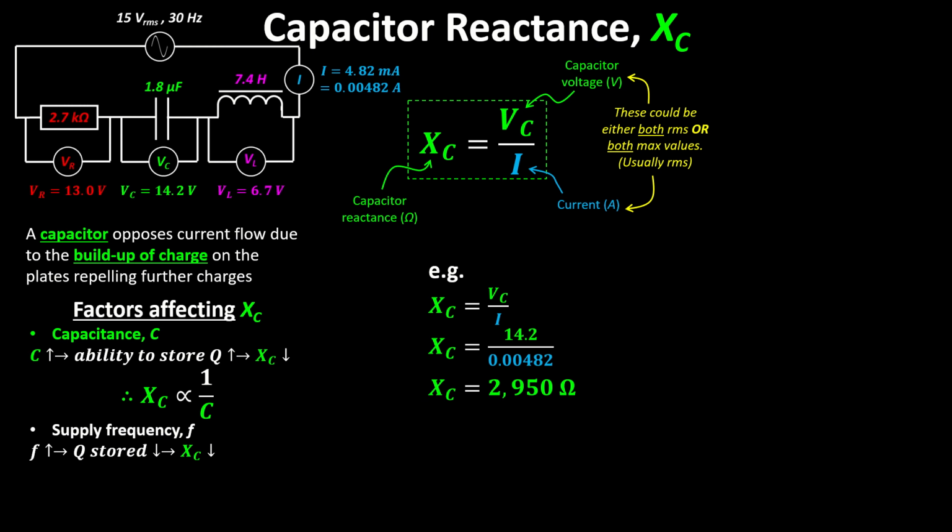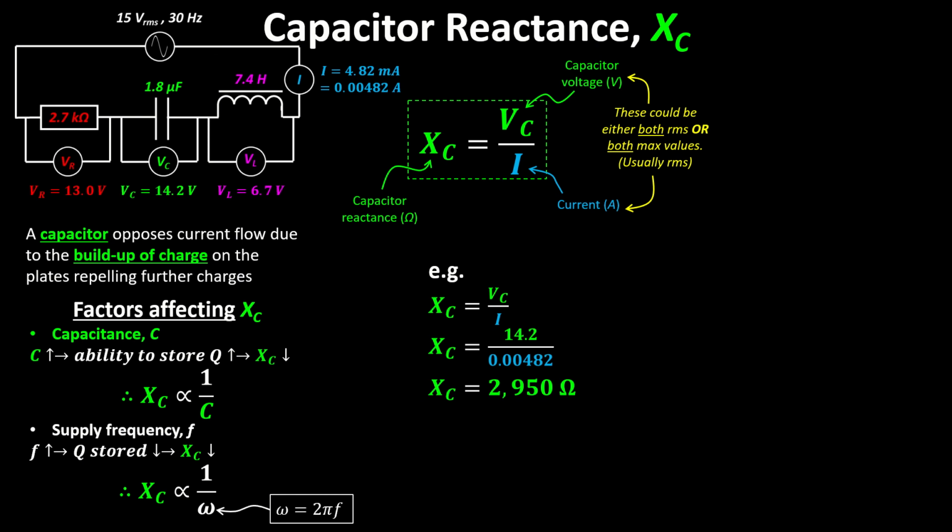So a higher frequency has a lower reactance, or we can write that similarly as the capacitor reactance is proportional to 1 over the angular velocity, which is 2 pi f. So the capacitor reactance is proportional to 1 over the capacitance, and also proportional to 1 over the angular velocity.